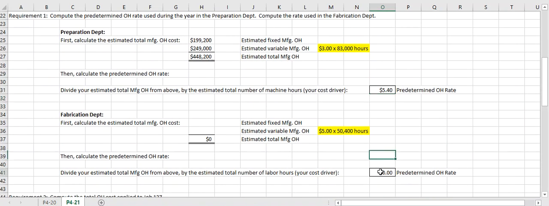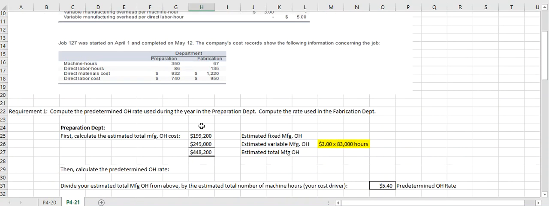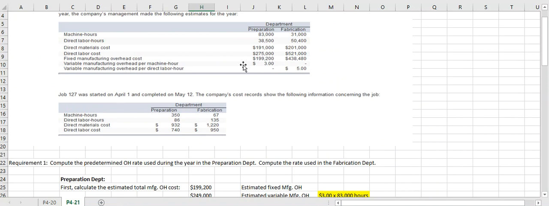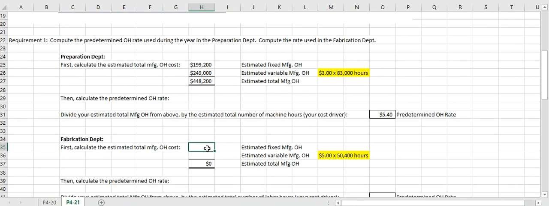Fabrication department, same process. So we're going to get our estimated fixed manufacturing overhead from our chart above. And it's right here, $438,480. And then we have to calculate our total estimated variable manufacturing overhead.